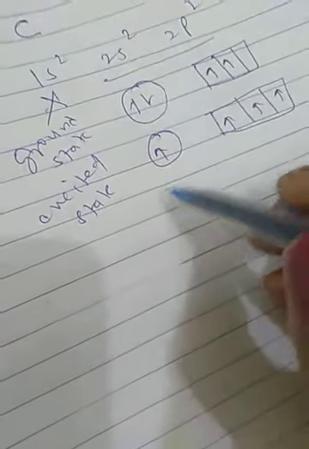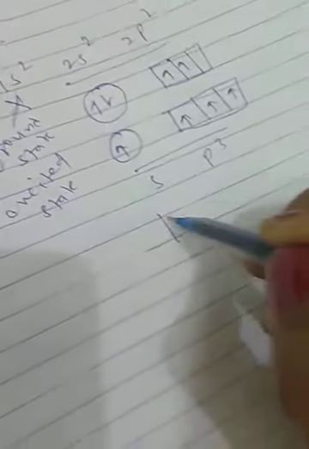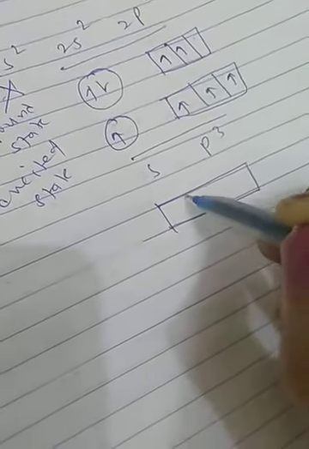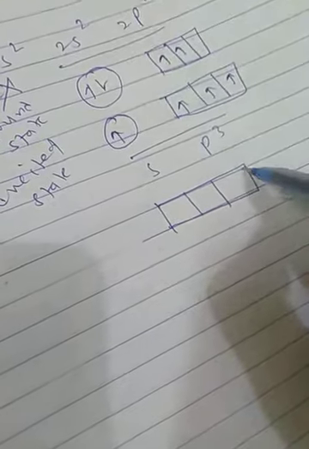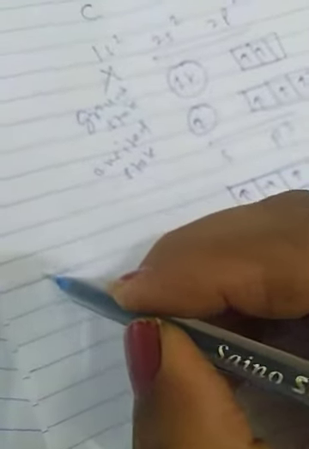So there is mixing of 1 s and 3 p orbitals, that is sp3 mixing: one, two, three, and 4. I showed you in diamond that the hybridization is sp3.